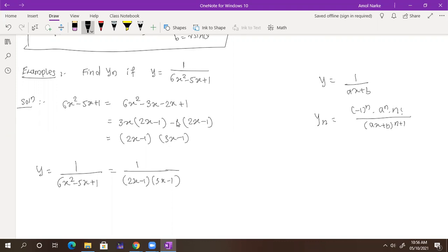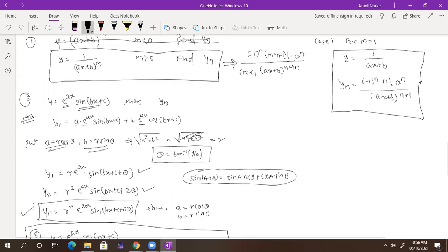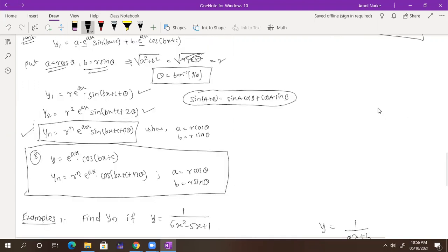That is what we have done above. Here I am talking about this special case, y is equal to 1 upon ax plus b, not raised to a power. So this is what I have: ax plus b raised to n plus 1.